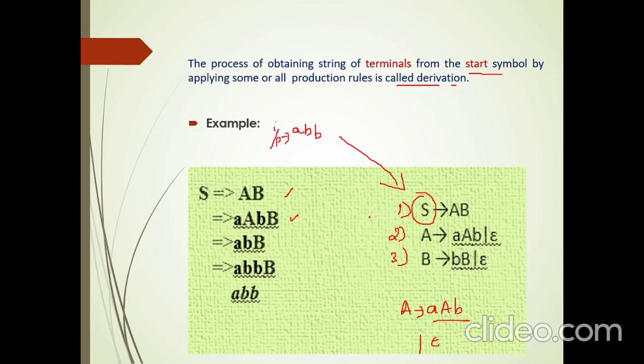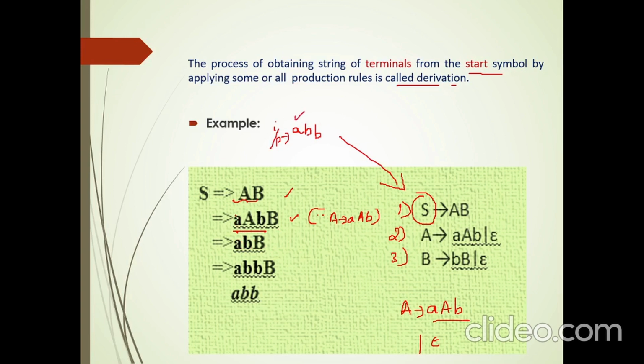So this A is replaced by the production AAB, and I get this because A gives AAB. Now I have A.